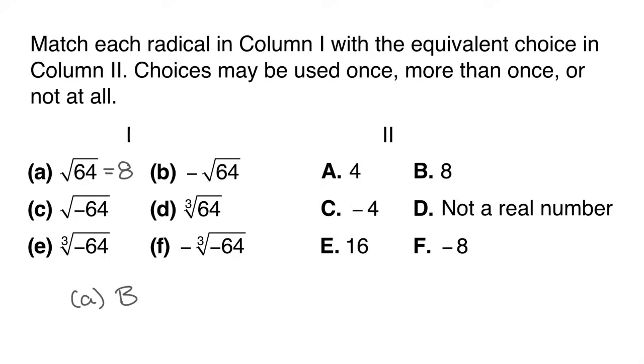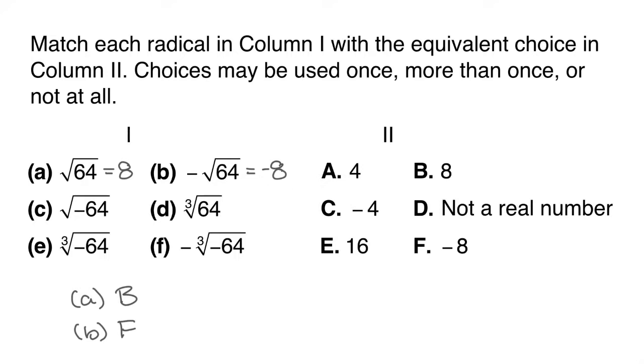We then have part B, negative of the square root of 64. Well, we just said that the square root of 64 is 8, so the negative of that is negative 8. Therefore, part B in column 1 matches up with F in column 2.